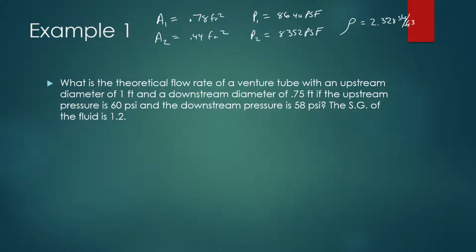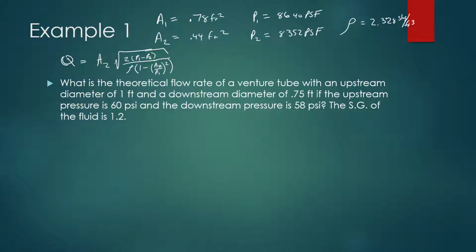Okay, so the equation is pretty straightforward. It's just Q equals area 2 times the square root of 2 times (P1 minus P2) divided by the density times (1 minus (area 2 divided by area 1) squared), and that's it.